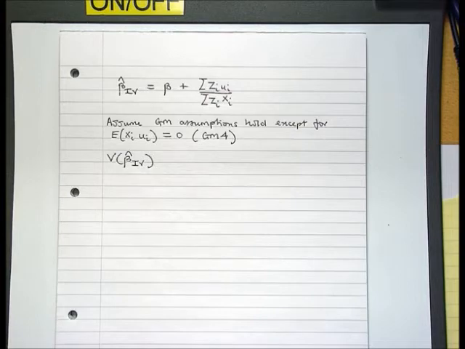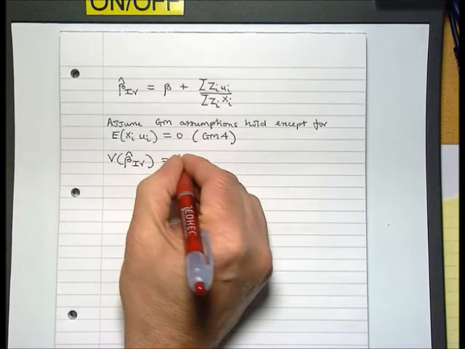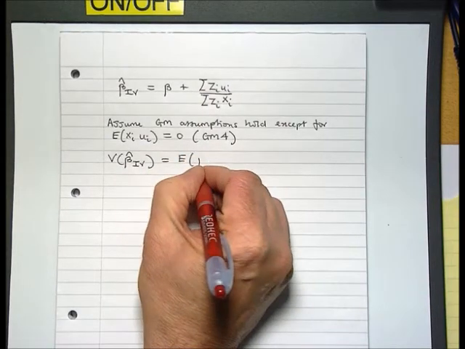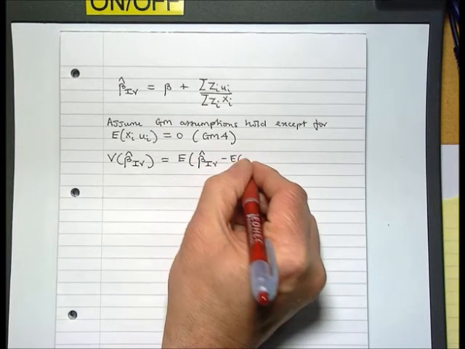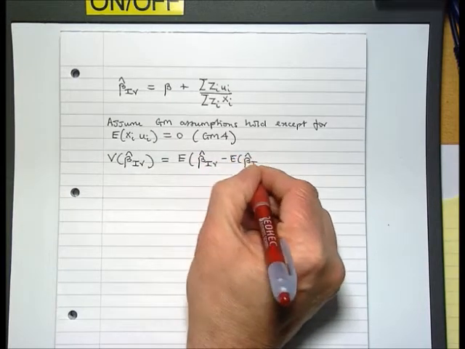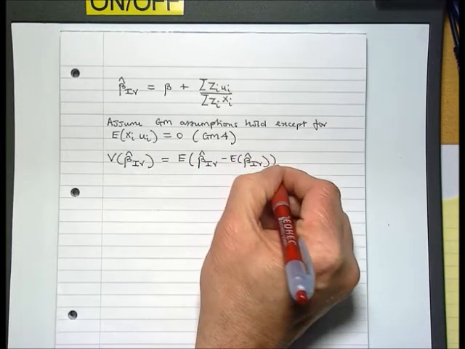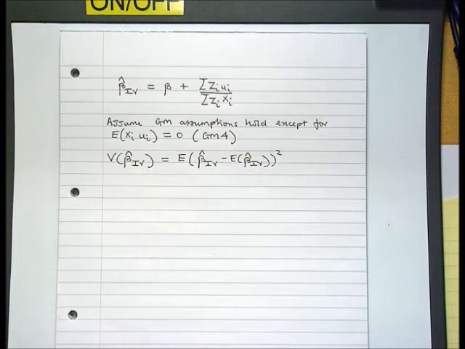And the variance is just the expected value of the estimator minus its expected value, squared. In other words, it's the expected value of beta hat IV minus its expectation, all squared. Okay?